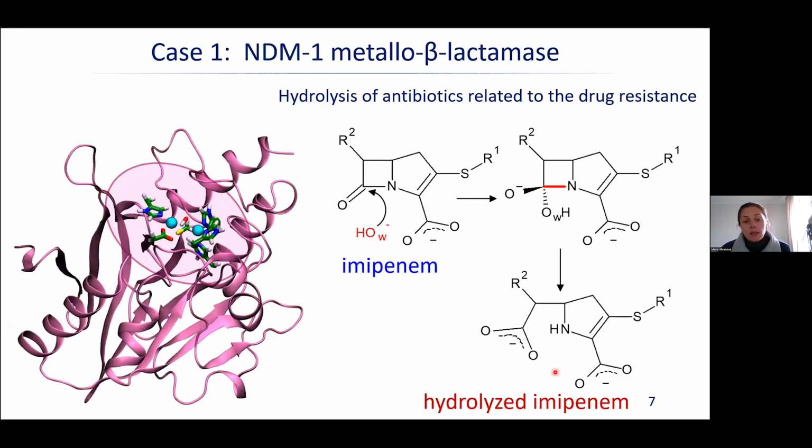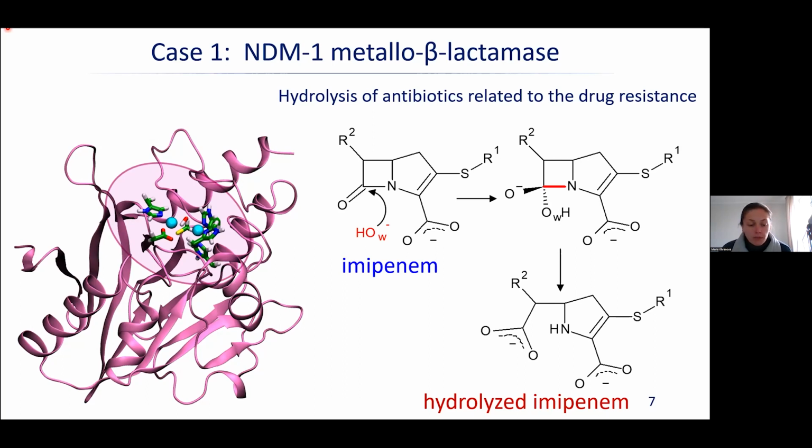The first one is the bacterial enzyme metallo-beta-lactamase. This enzyme is responsible for drug resistance. What it does is hydrolyze the beta-lactam-containing antibiotics. Here is the example of imipenem, a widely used antibiotic.